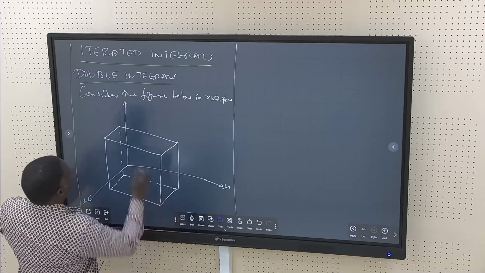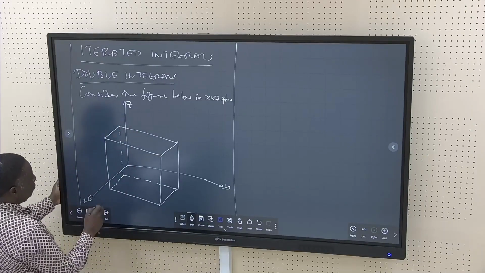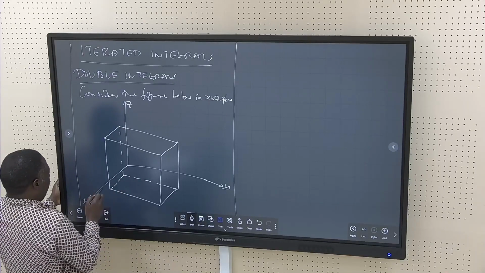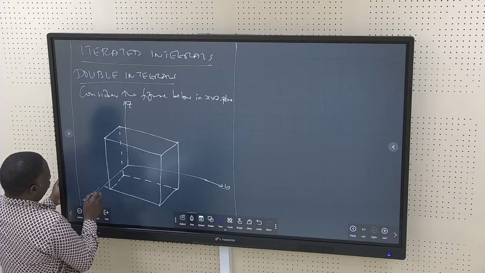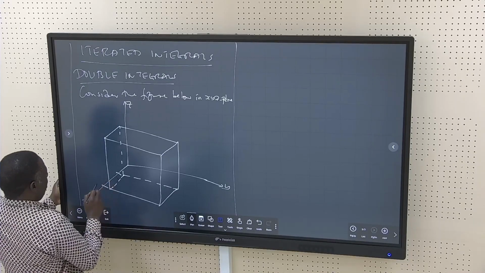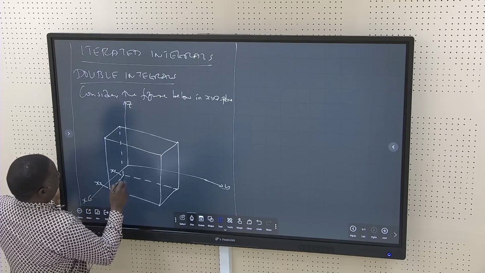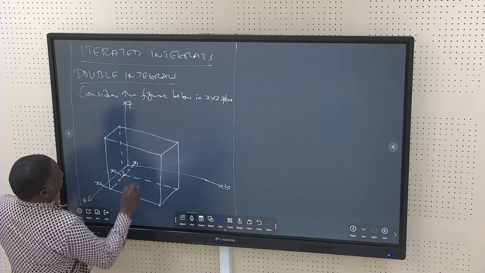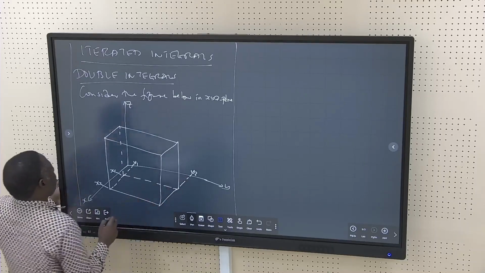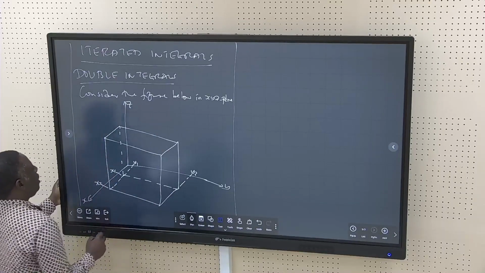It has dimensions. If this is x, then this is prolonging here. We have x1, x2, and here we have y1, here we have y2, and we have also z.